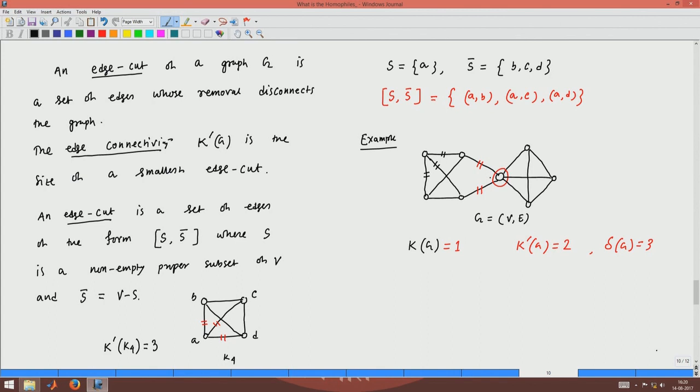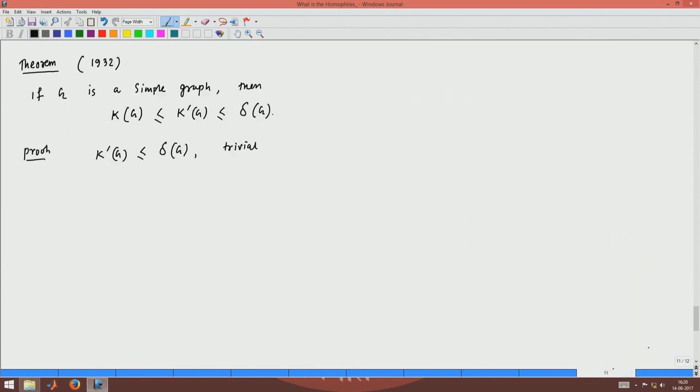So, the edge connectivity is always less than or equal to the minimum degree, because this is easy: you pick a vertex which has minimum degree and remove all the adjacent edges to make the graph disconnected. So, that is a trivial edge cut. So, we have proved this part.